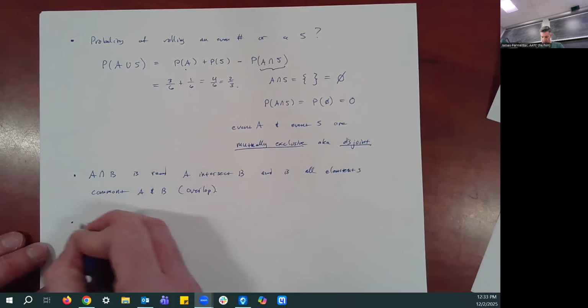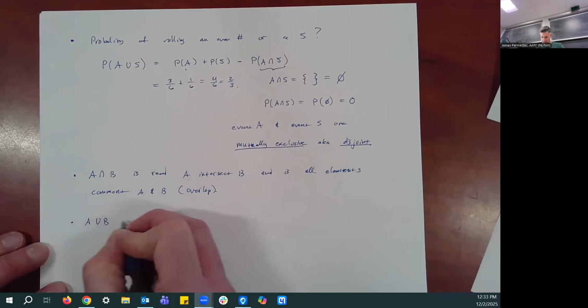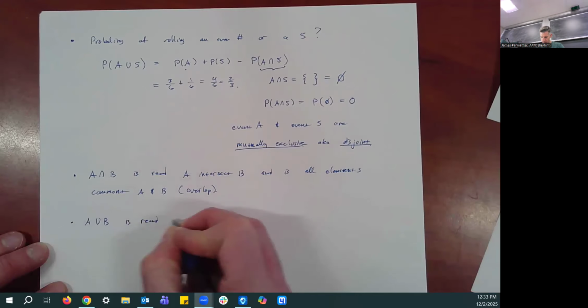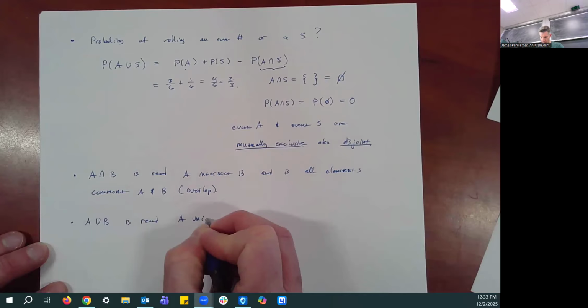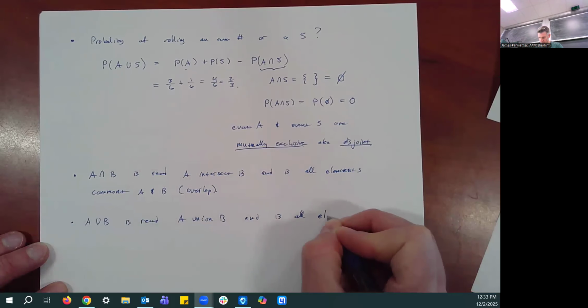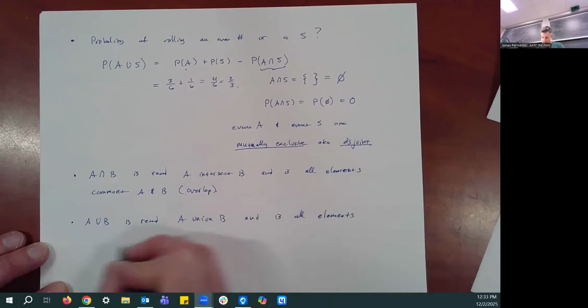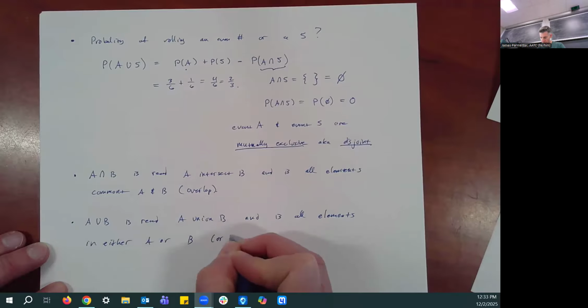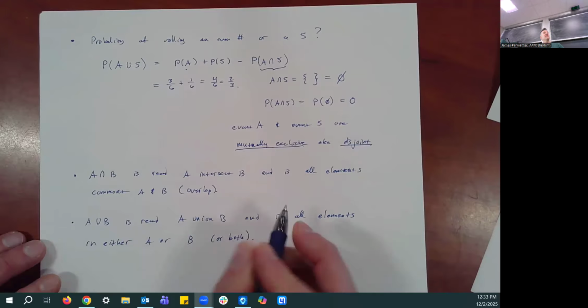Whereas A union B is read A union B and is all elements in either A or B. Or both. But you don't really need to say the both part, right?